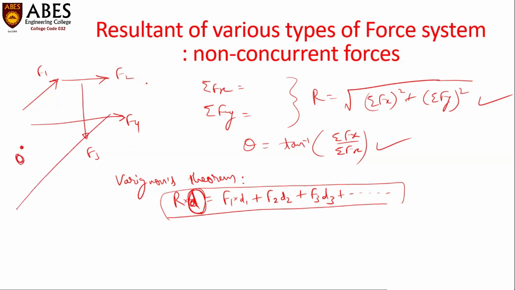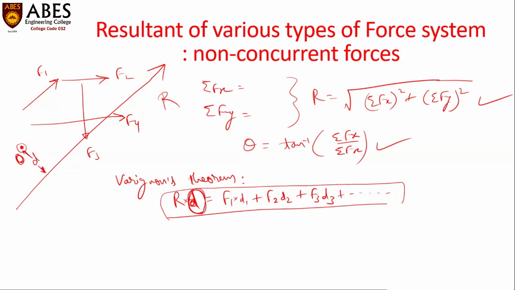And suppose this is the resultant of these forces, R. We will take the moment of all these four forces F1, F2, F3, F4 about this point O. We will add up the moments as per their direction, clockwise or anti-clockwise. That will be equal to the moment of this resultant R, and this will be the perpendicular minimum distance. We can find this value.